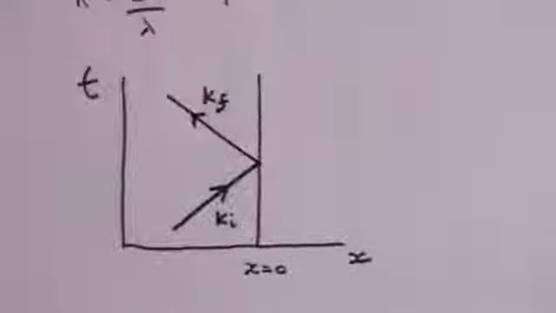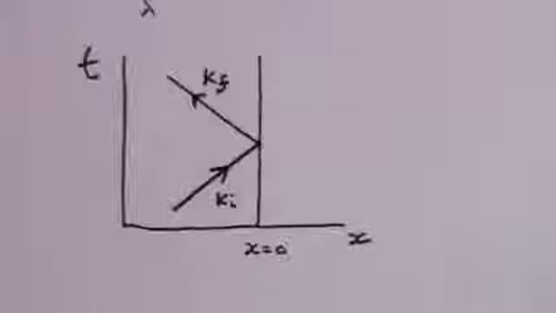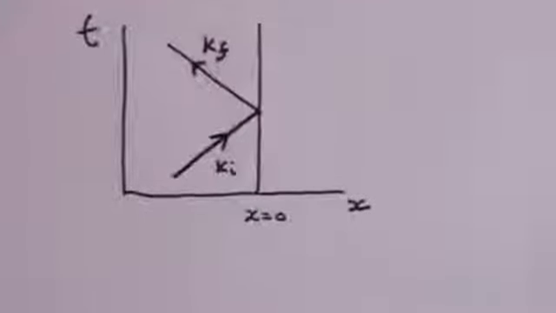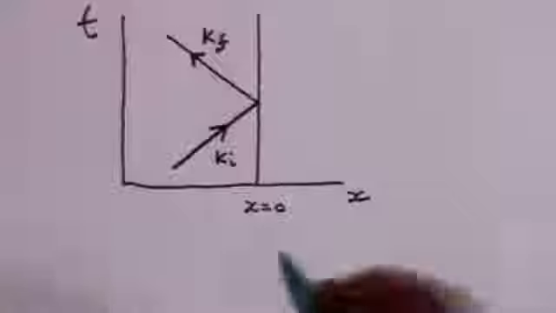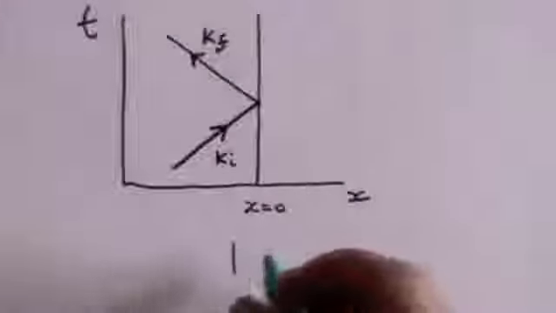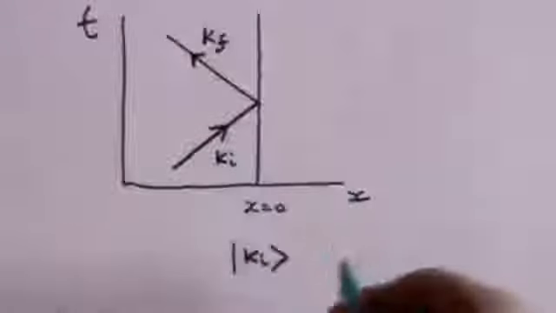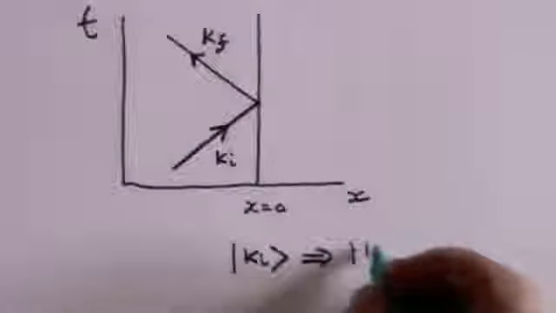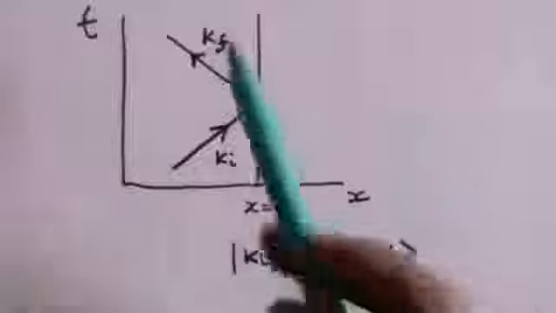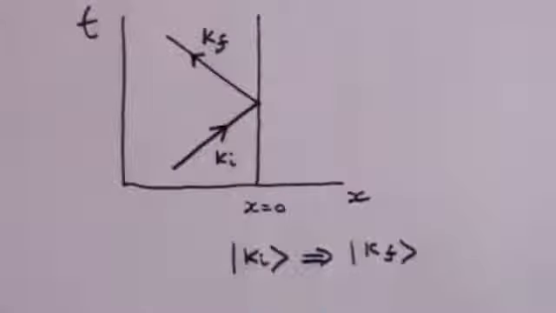So what do we do with this diagram as far as quantum mechanics is concerned? Well, it's fairly straightforward actually. You start with a particle in state Ki, that's this particle here, and you produce a particle in state Kf, that's this particle here. And how did you do that?